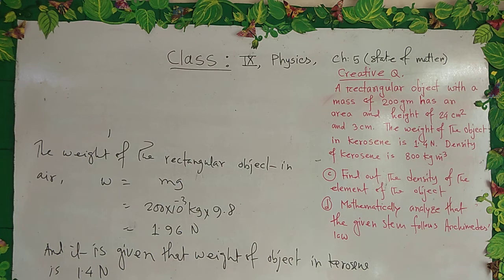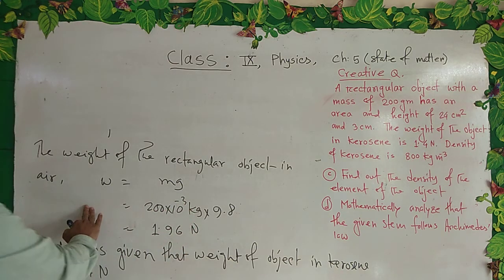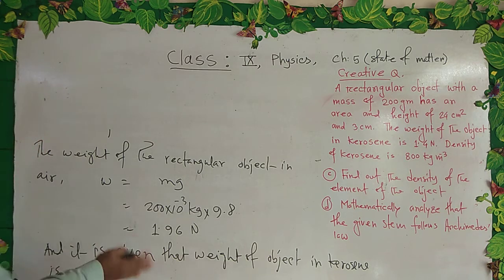So what do we get from these two weights? We get the lost weight, from the weight in air and the weight in kerosene.